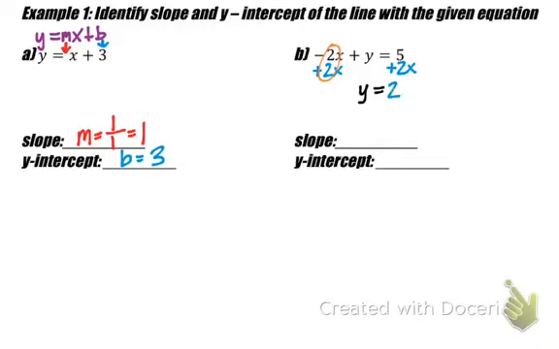We have y equals 2x, since the term mx needs to go first, plus positive 5. Now we can identify the slope: m equals 2 over 1, and b equals 5. So the y-intercept, where the graph crosses the y-axis, is at 5, and from there we rise 2, run 1.